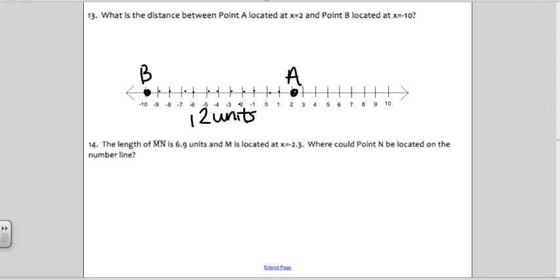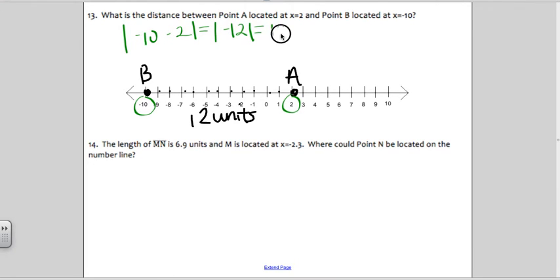You could also use our absolute value method, where we use the coordinates. So I have -10 minus 2, and taking the absolute value. Negative 10 minus 2 is a negative 12.